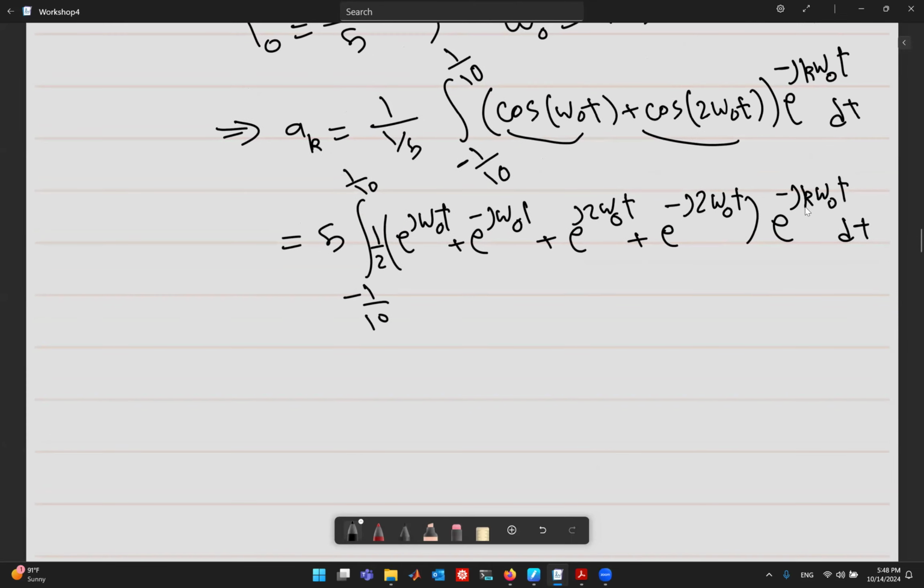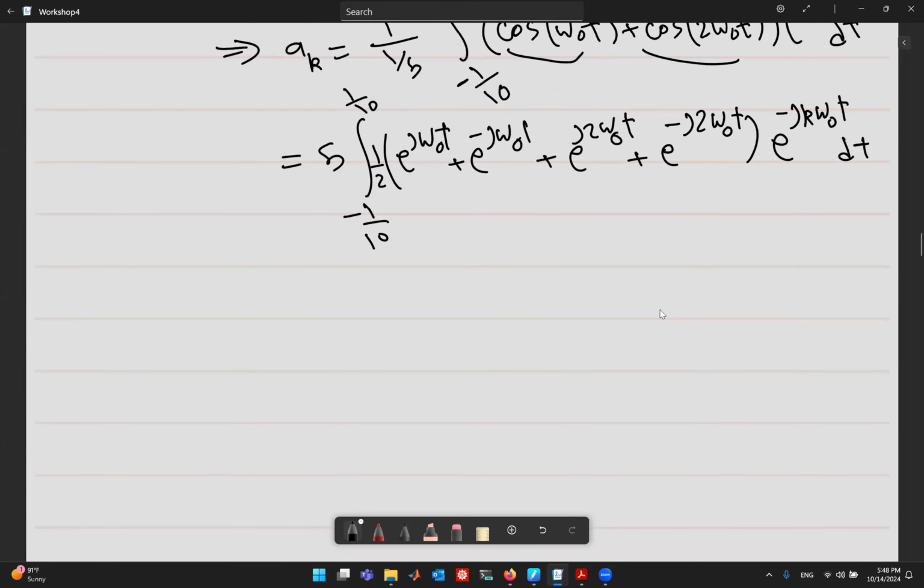And if we distribute this term, we get 5 divided by 2, integral from minus 1/10 to 1/10.